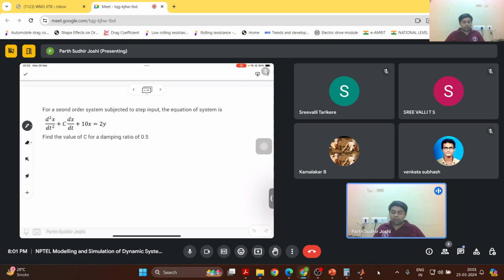Now to get a damping ratio of 0.5, what should be the value of C? Now how will we solve this?